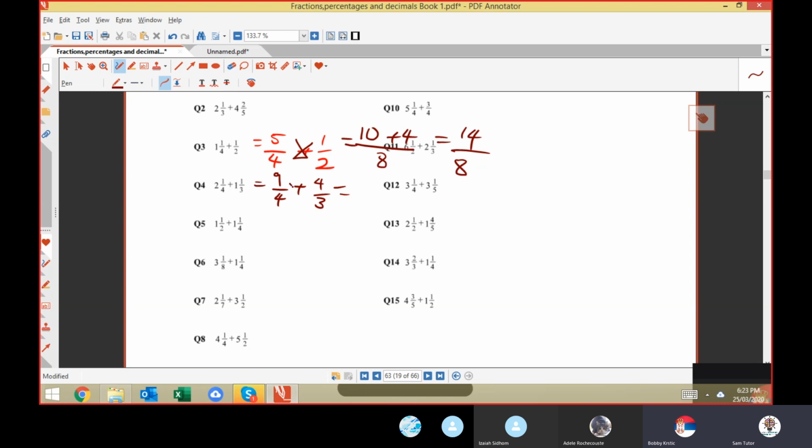And then cross multiply. 9 times 3 is 27. Plus 4 times 4 is 16 over 12. 27 plus 16 is 43 over 12. Does anyone not agree with that?